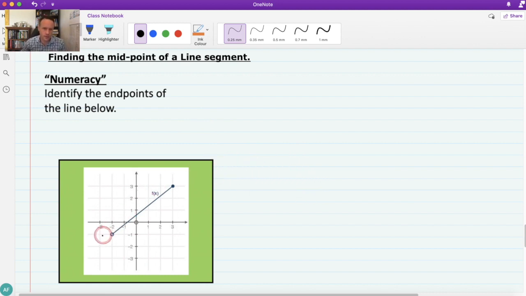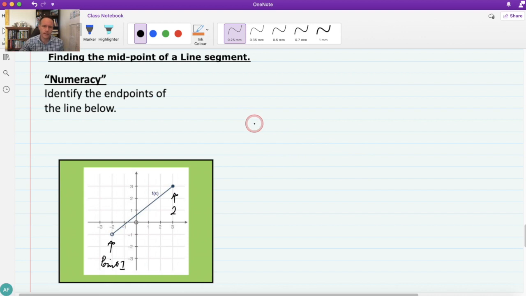So you can see here, let's call this one down here point 1, and obviously that one up there is going to be point 2. Okay, now we need to know the structure of those points, or what those points' values are.